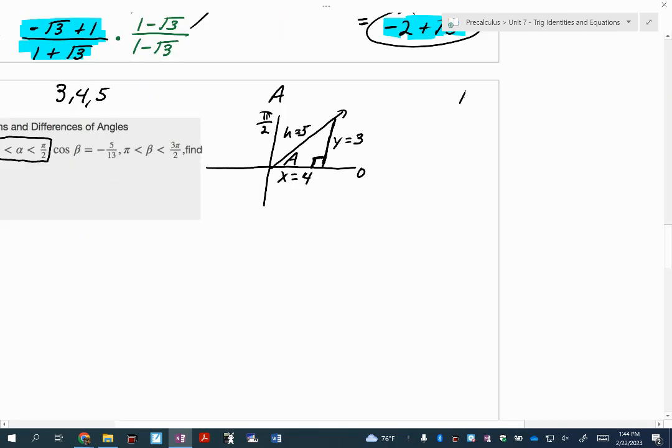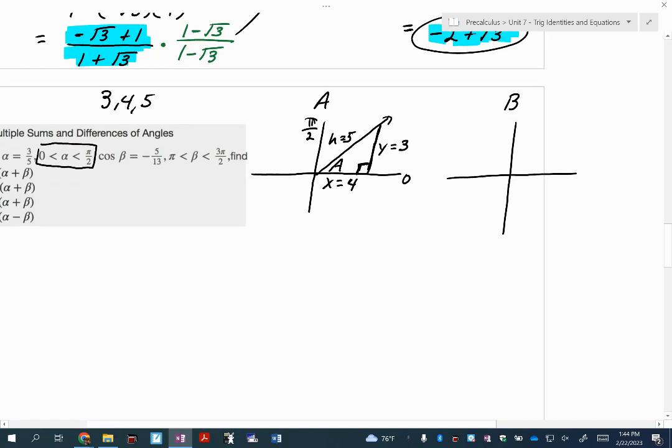Let's do the same thing for angle B. Now, angle B is between pi and 3 pi over 2. So here's pi, here's 3 pi over 2. So that's going to be in the third quadrant. So I've got x, y, and the hypotenuse.